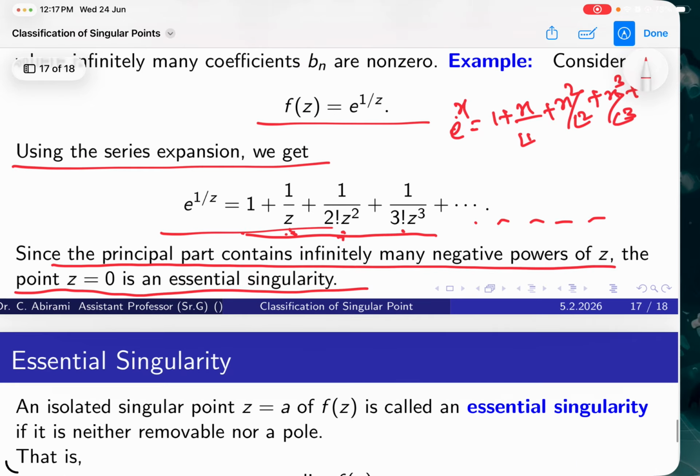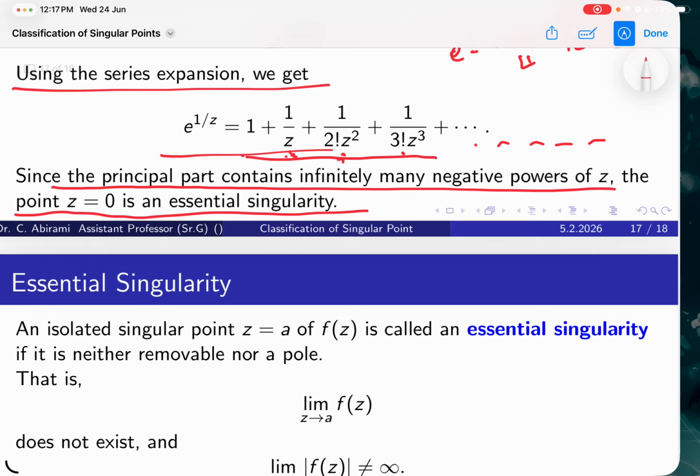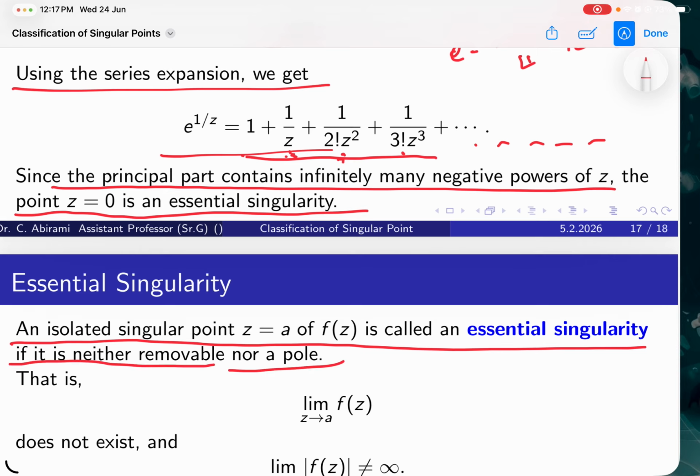Is it clear? We can also prove an essential singularity in a different manner, by using the limit. An isolated singular point z equal to a of f of z is called an essential singularity if it is neither removable nor a pole. In other words, the limit as z tends to a of f of z does not exist. In the first case, removable singularity, the limit as z tends to a of f of z exists and is finite. If it is a pole, the limit is infinity.